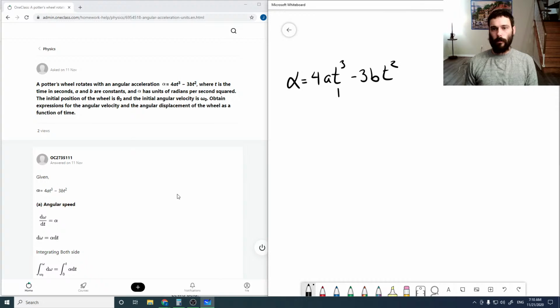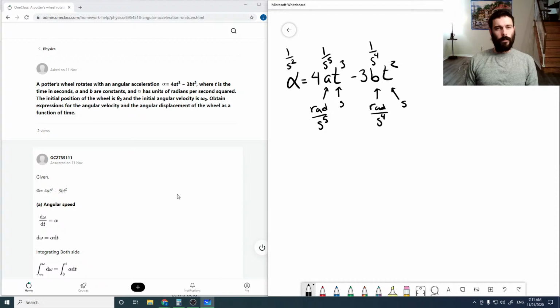So if that's in seconds, then this must be in rads per second to the fifth, and this must be in rads per second to the fourth. I will point out that rad is not an actual unit, and so the way that I'll write these from now on is just 1 over seconds to the fifth and 1 over seconds to the fourth, giving alpha in 1 over seconds squared.